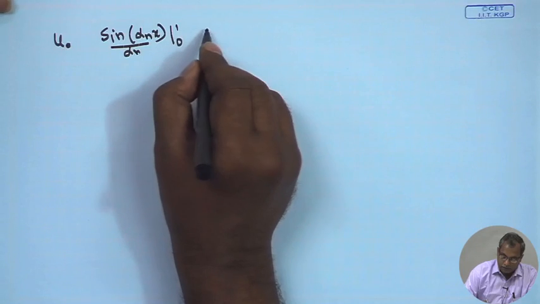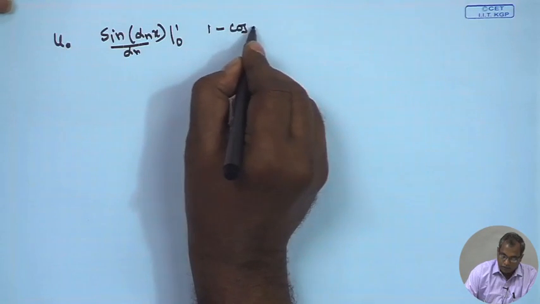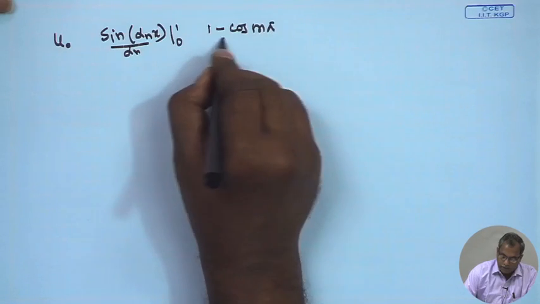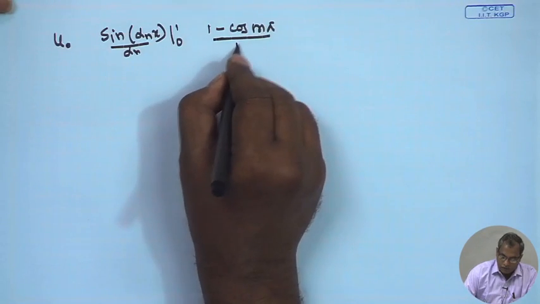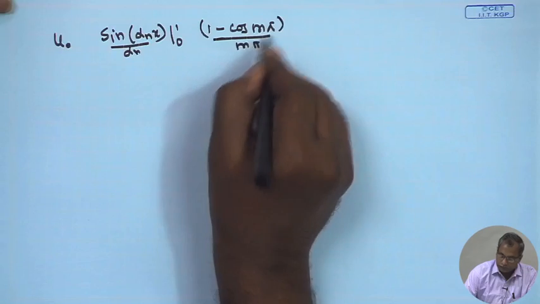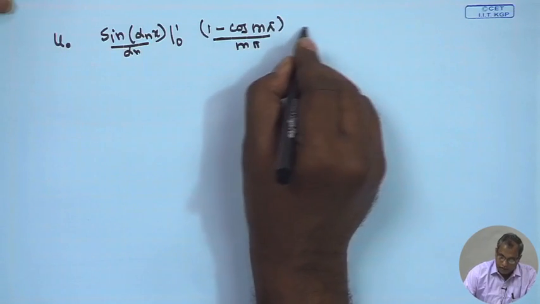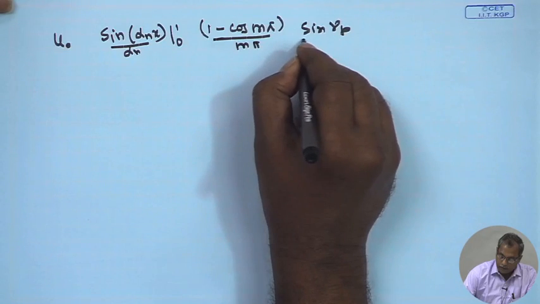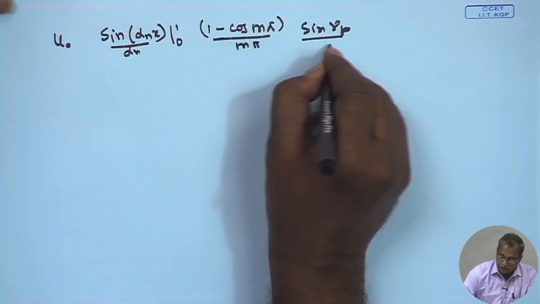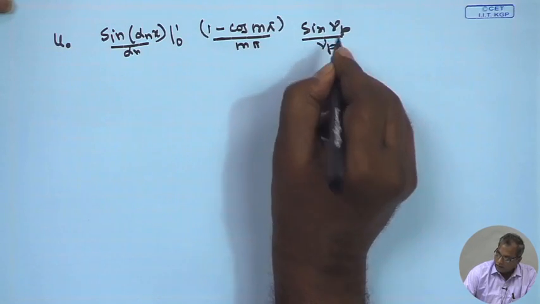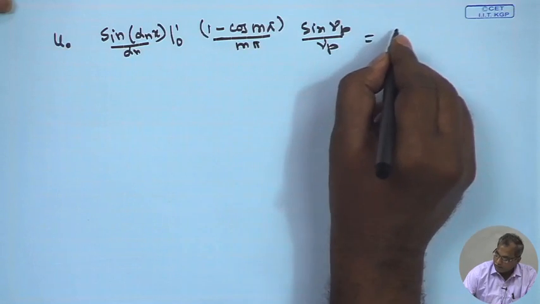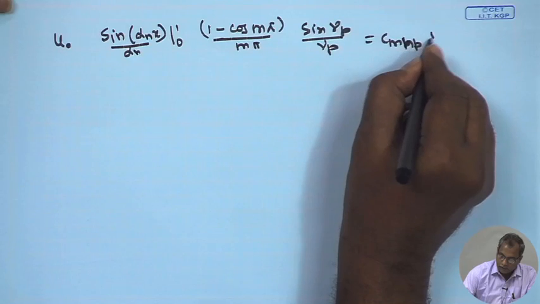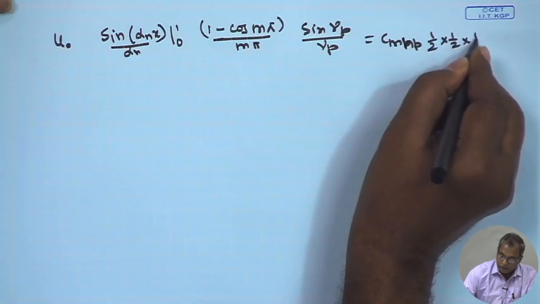And this will be, after the integral we have done several times, 1 minus cos m pi over m pi, and this will be sin gamma p divided by gamma p, and in the right hand side we had C m n p times half into half into half.